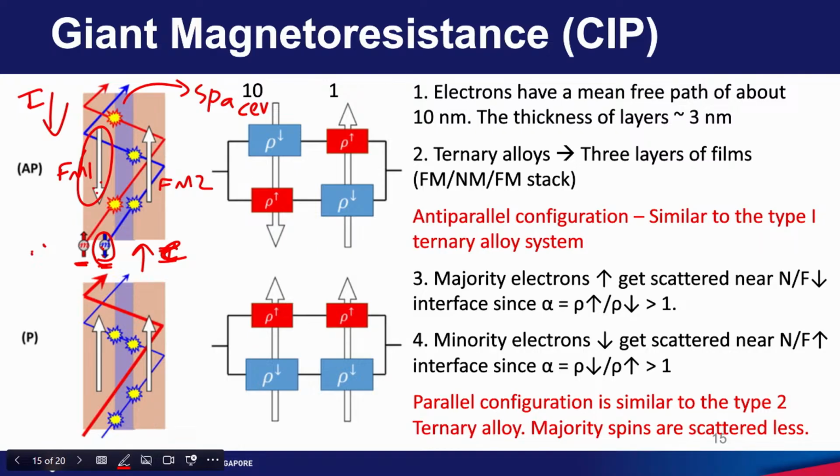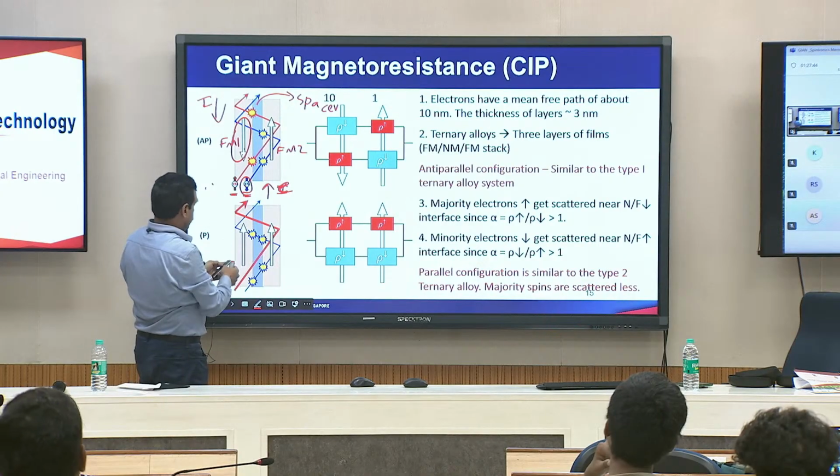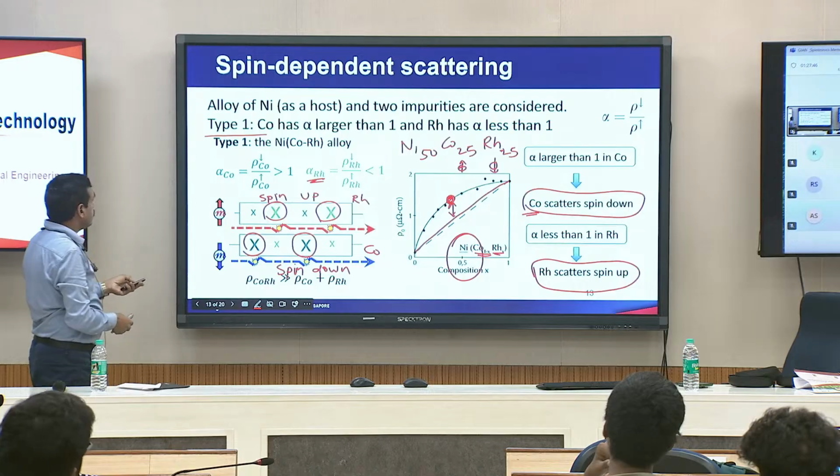Okay. So, when the magnetizations are anti-parallel, whether you have one type of electron or another type of electron, they are minority in one of these two layers. So, both electrons will get scattered. Okay. So, this is like the type 1 alloy we learned.